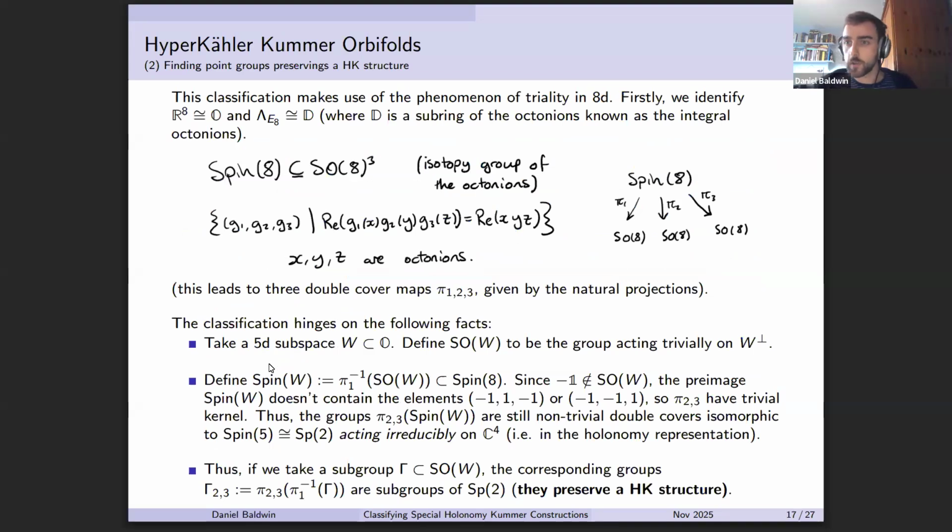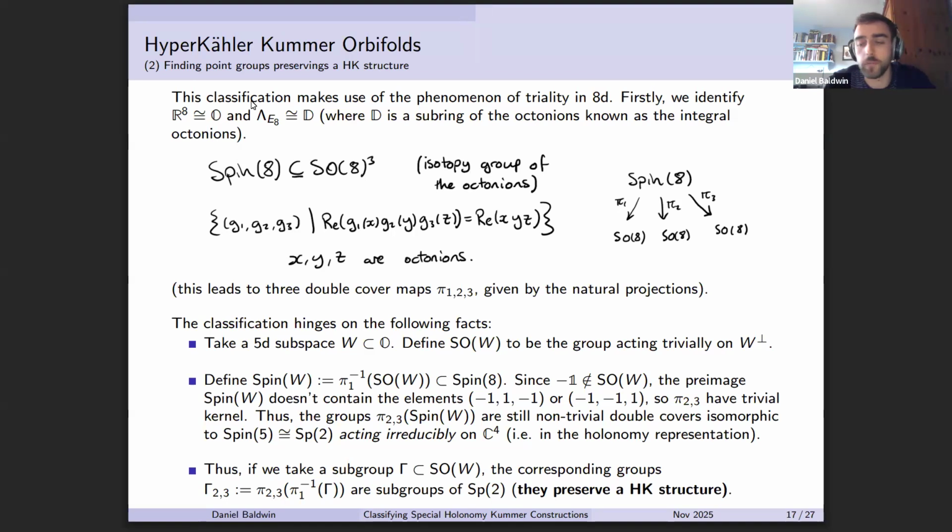Step 2 first: classifying all the subgroups of the Weyl group of E8 that preserve a hyperKähler structure. This makes use of the phenomenon of triality in 8 dimensions. We start by identifying R8 with the octonions, and then the E8 lattice sitting inside R8 can be viewed as a discrete subring of the octonions, often called the integral octonions.